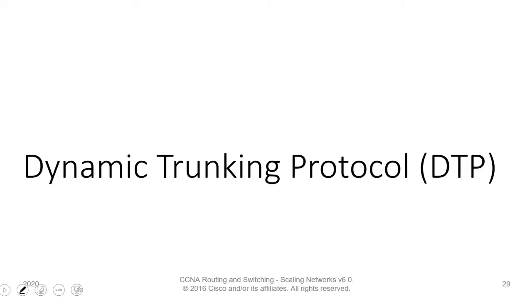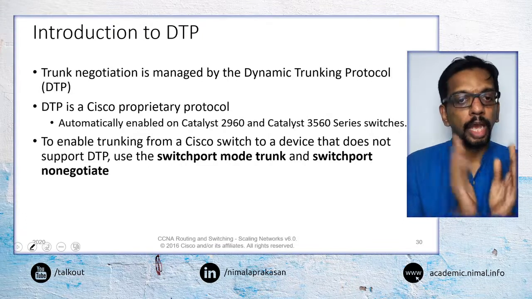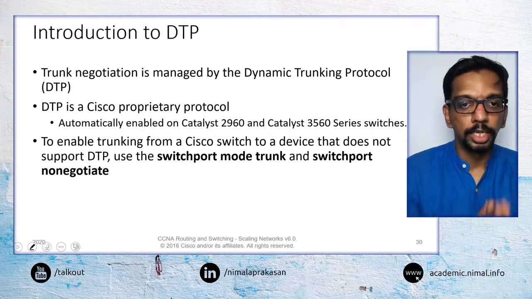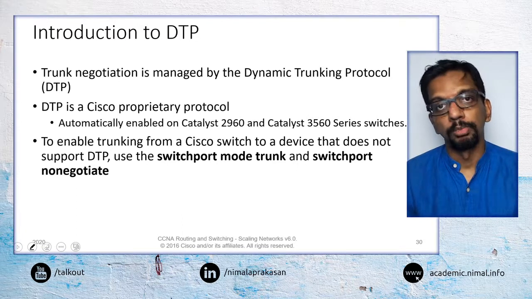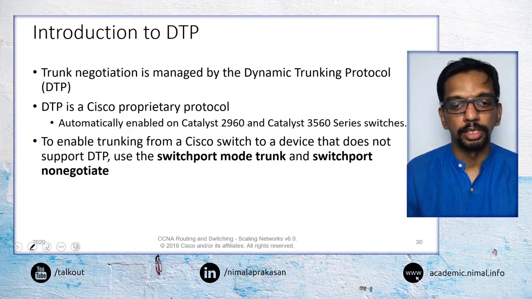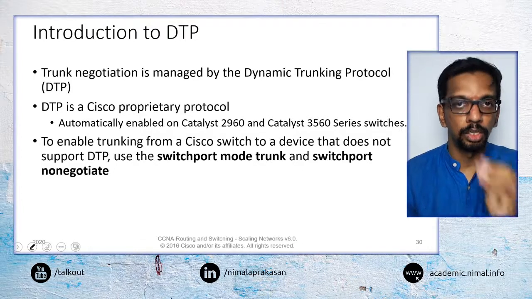Then another protocol that would be relevant to VLANs when we are thinking about scaling networks is the Dynamic Trunking Protocol. This is again a Cisco proprietary protocol available in Cisco switches and devices, and it is mainly used for trunk negotiation.